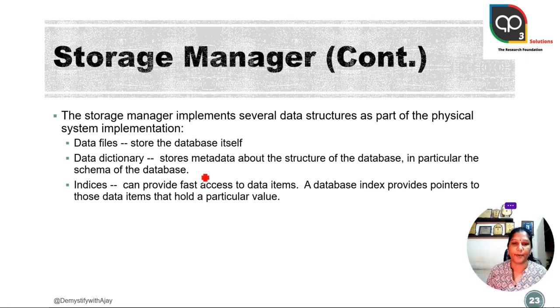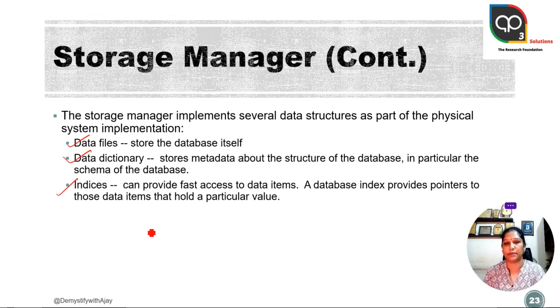To operate efficiently, the storage manager uses key internal structures. That is data files, which hold the actual database records. And next, the data dictionary, a metadata repository, which is like the brain. It stores schema, constraints and definitions, data about the data. And indices.